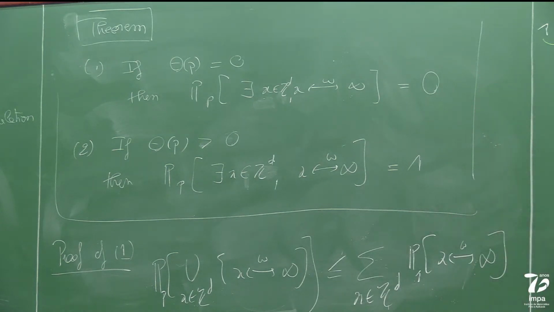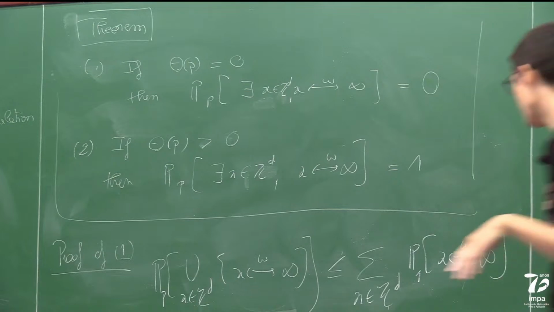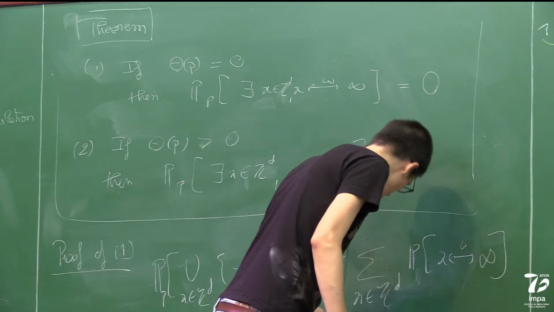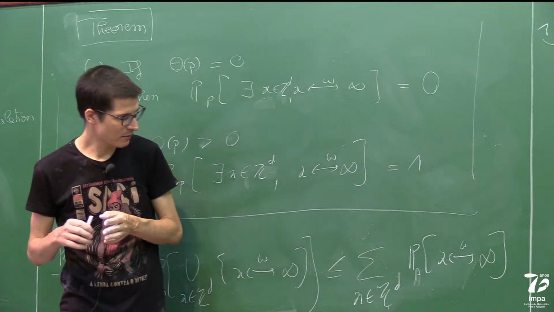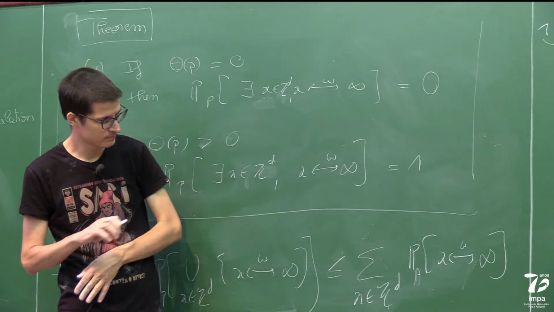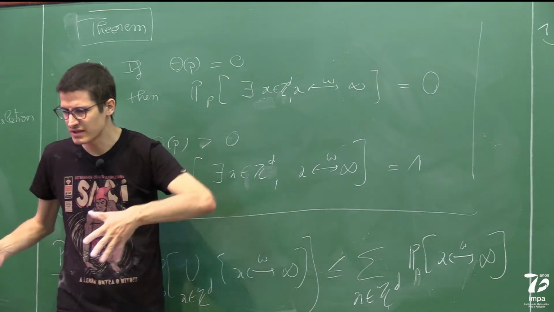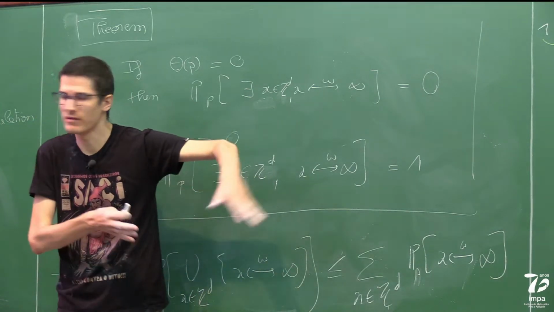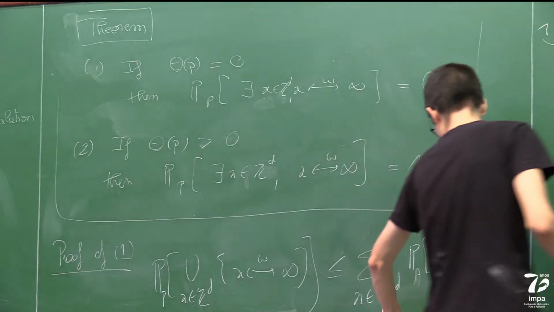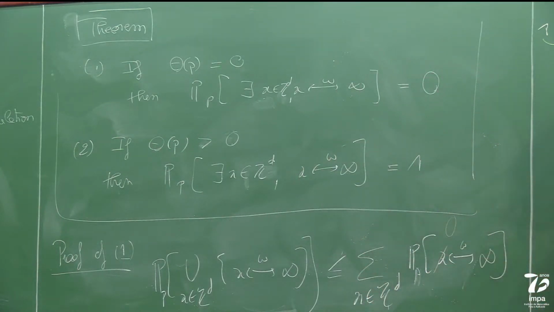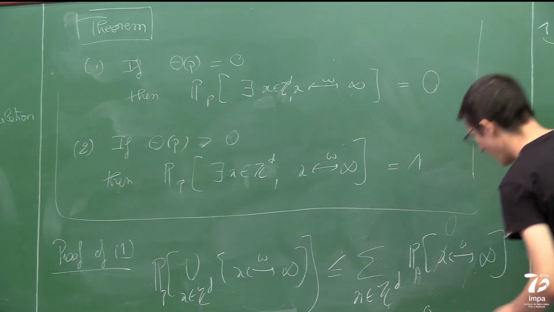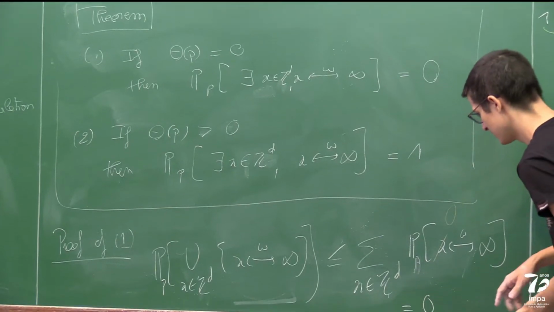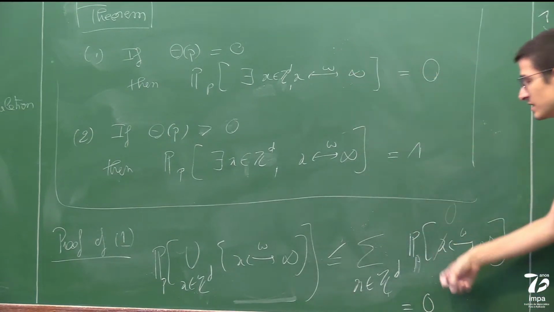Now, because our probability distribution is invariant by translation on the graph, this is the same thing as the probability that 0 is connected to infinity. And because of our assumption that theta p is equal to 0, this is equal to 0.